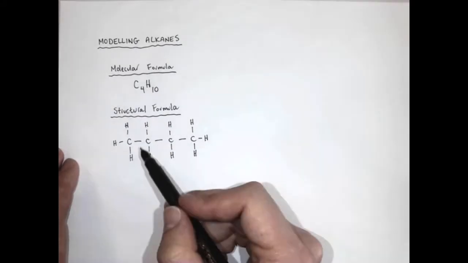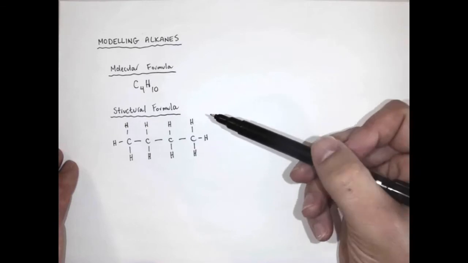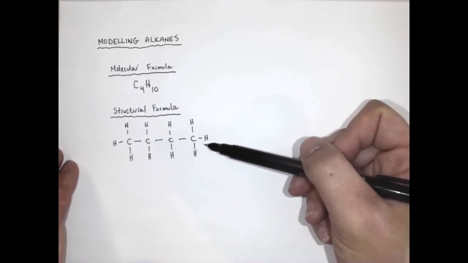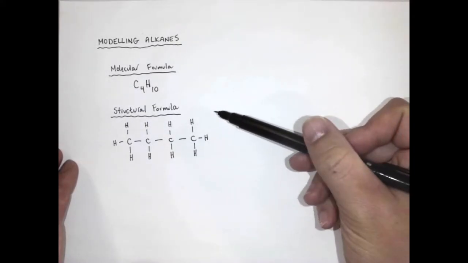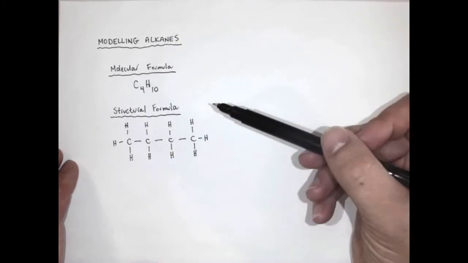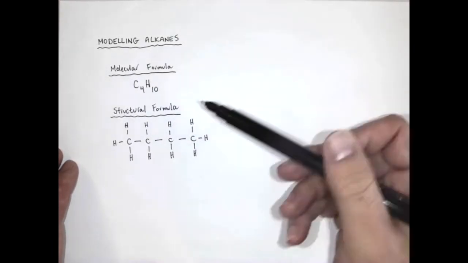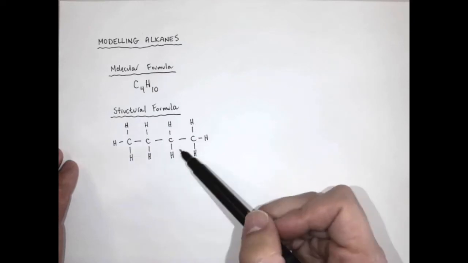So this is the structural formula, because it tells us about the structure, and where each carbon and each hydrogen is in the molecule. It's a 2-dimensional representation, so it's not communicating the whole picture, but it does give us more information than the molecular formula. Once again, this is a structural formula.